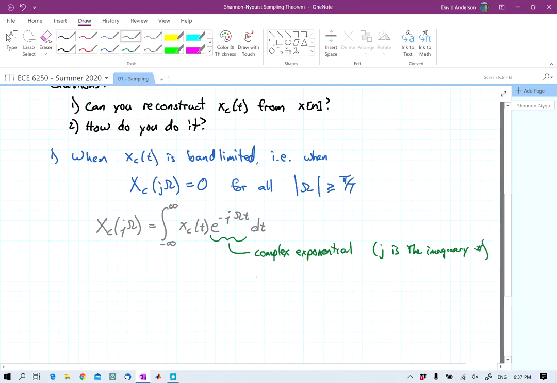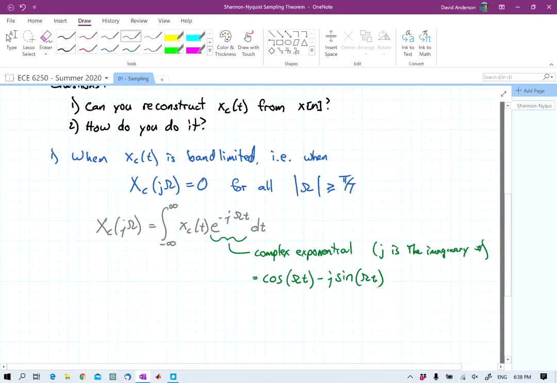And it is equal to cosine of omega t. Since we have this negative sign out there, we get a minus j sine omega t.